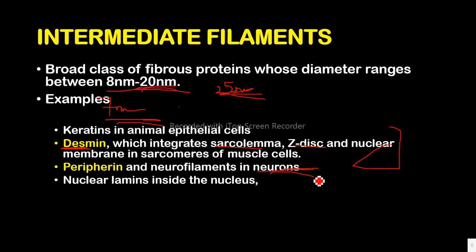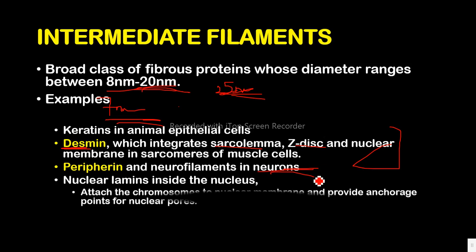Then we have the lamins. The lamins are found inside the nucleus. These provide the points of anchorage of the chromosomes within. They are responsible for the nuclear skeleton, to provide the overall skeleton of the nucleus inside, and the anchorage points within the nucleus.